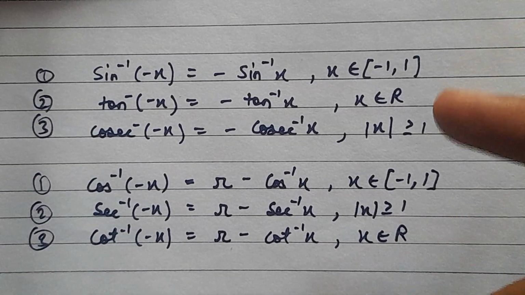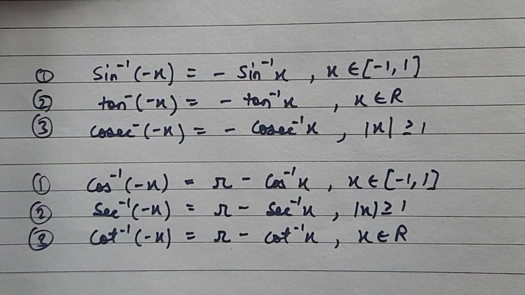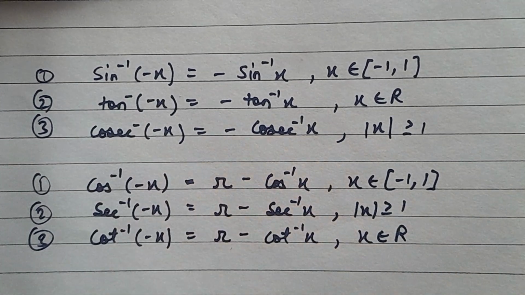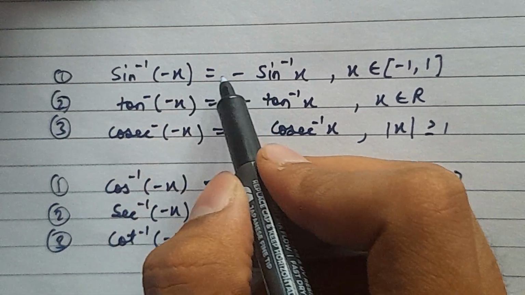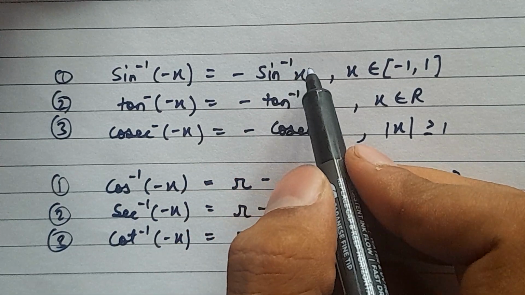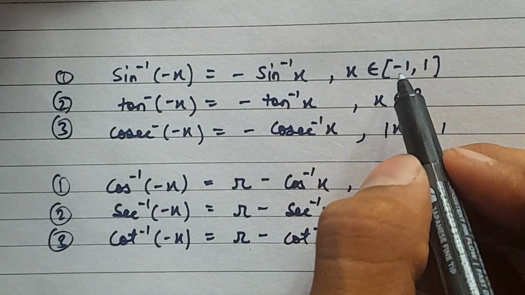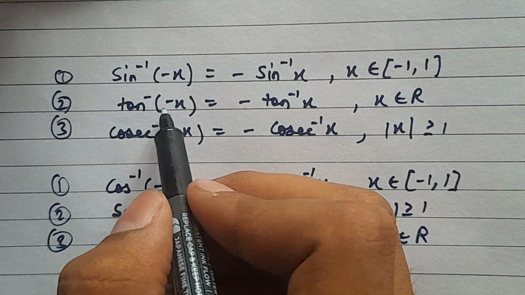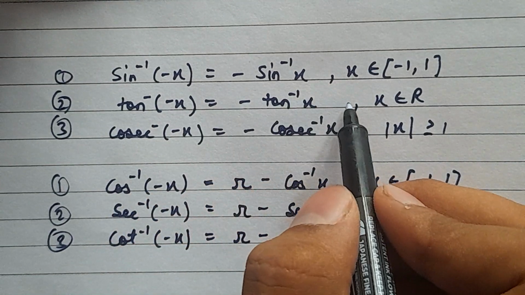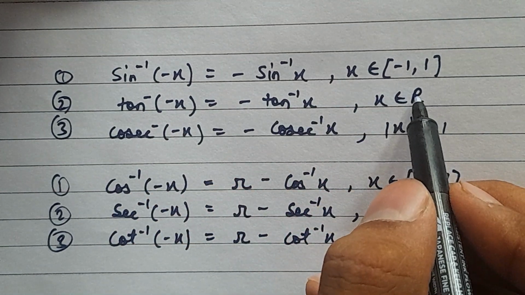So these are some of the formulas which you should keep in mind while solving the numericals. First one says sine inverse minus x is equal to minus sine inverse x, where the domain of x lies between minus 1 and 1, both included. Similarly, tan inverse minus x is minus tan inverse x, where x belongs to real numbers.